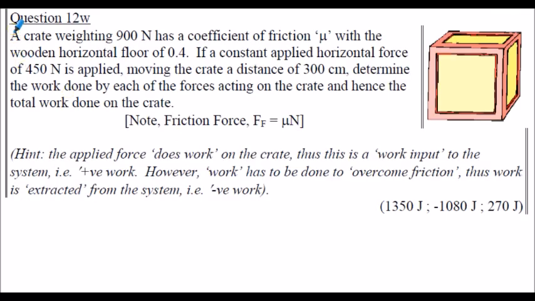And finally, question 12W. A crate weighing 900 newtons has a coefficient of friction, mu, with the wooden horizontal floor of 0.4.